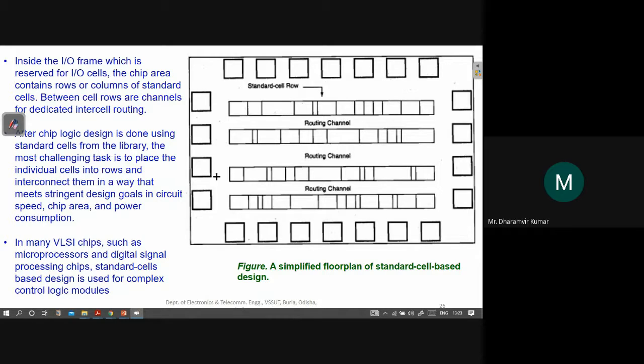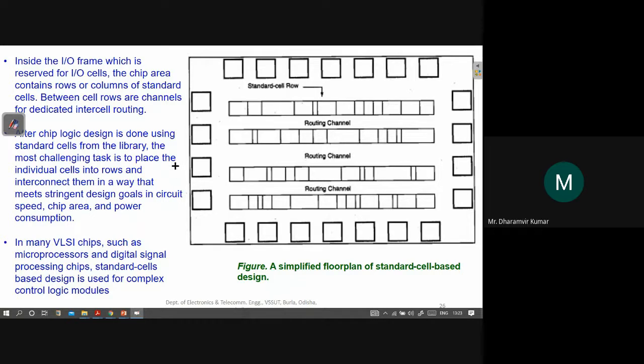So inside the IO frame, which is reserved for IO cells, the chip area contains rows or columns of standard cells, and between cell rows are channels for dedicated inter-cell routing. Right.